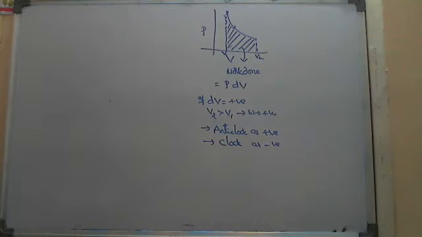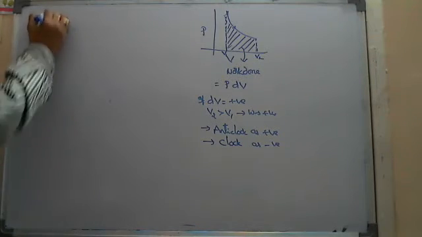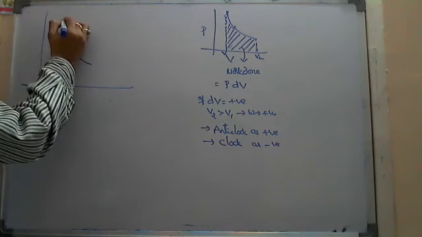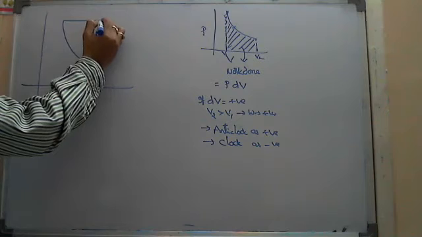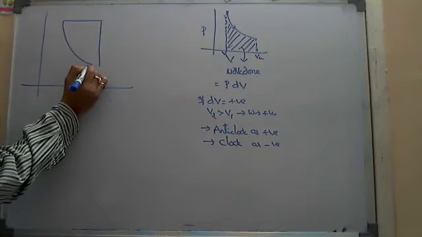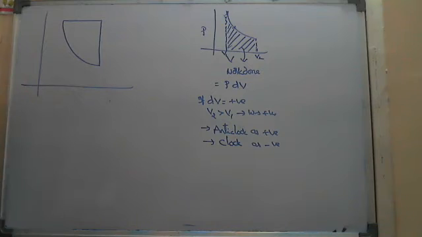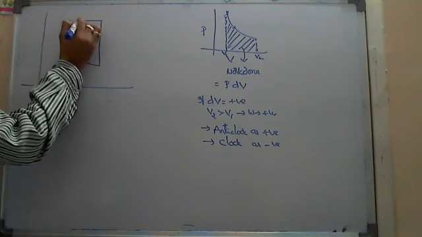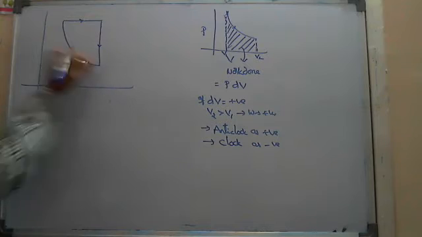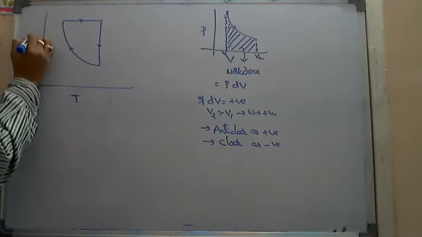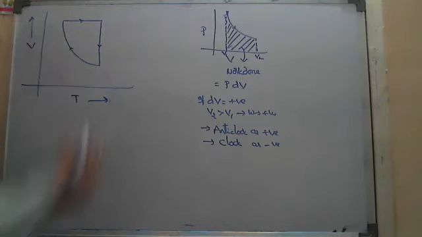suppose one graph is given like this. In that graph the directions are given like this, and it is a VT graph, volume and temperature.